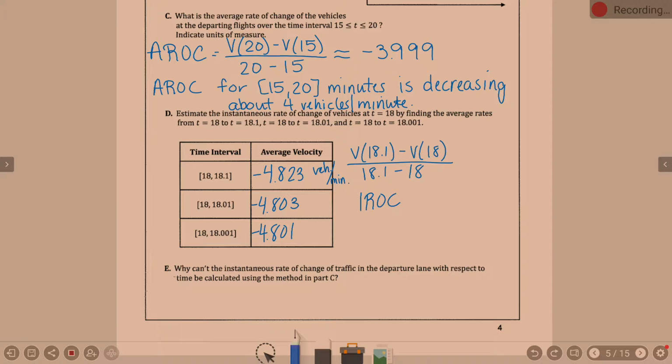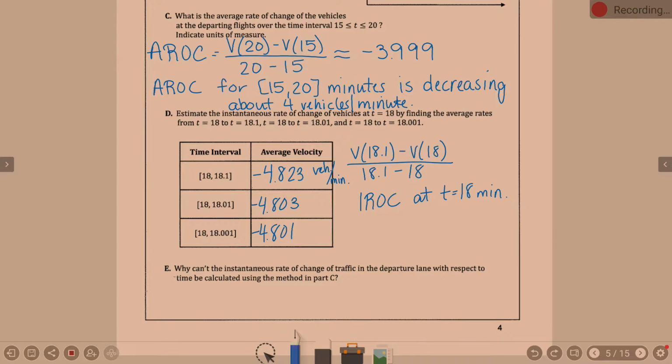Okay. Instantaneous rate of change at t equals 18 minutes is approximately what? What would you say is going on here? Huh? 0.8. It's getting closer to 4. Okay, yeah. And I would use the word decreasing again, as opposed to just saying negative.